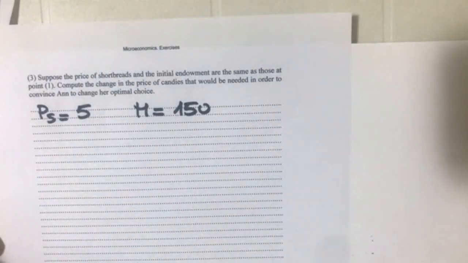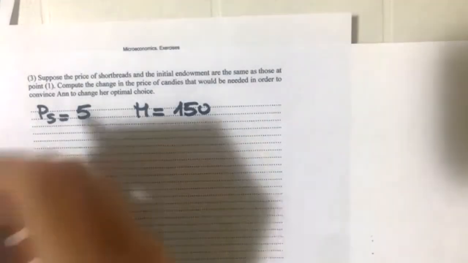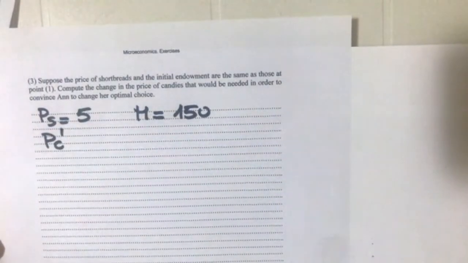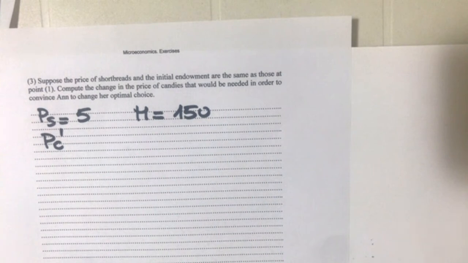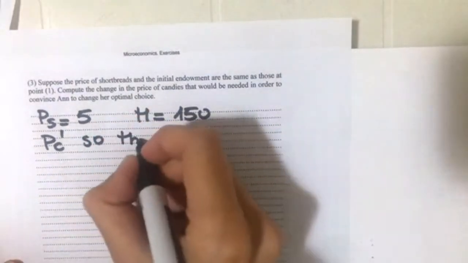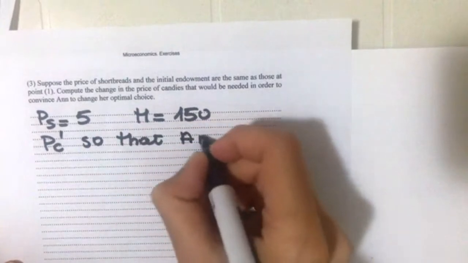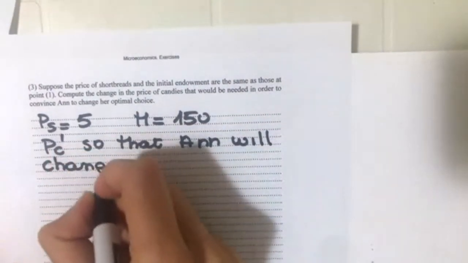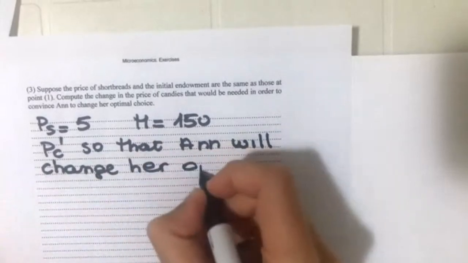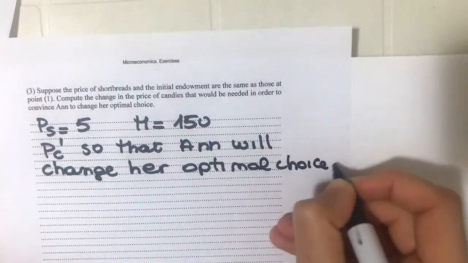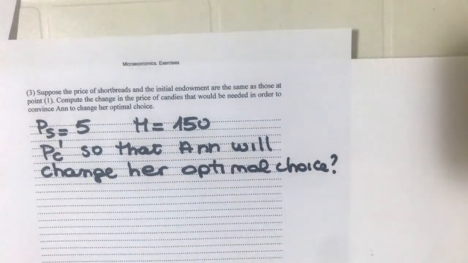Compute the change in the price of candies, so we need the PC prime, that would be needed in order to convince N to change her optimal choice. This is what we have to find.